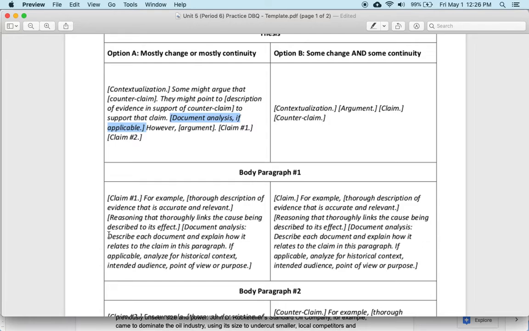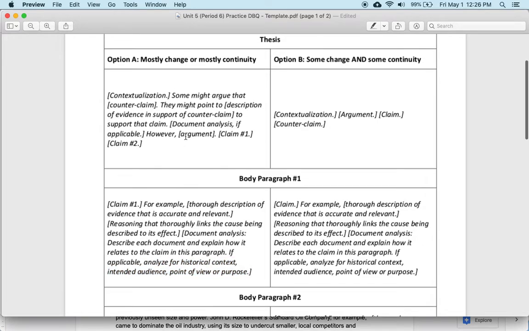For any document that you include, you have to describe the document. So say what's in it, and you have to explain how it relates to the claim, or in this case, the counterclaim that you're discussing. If you want to, you can also analyze for historical context, intended audience, point of view, or purpose. You have to do that this year with 2 documents. So you can choose to do that for this one or not.